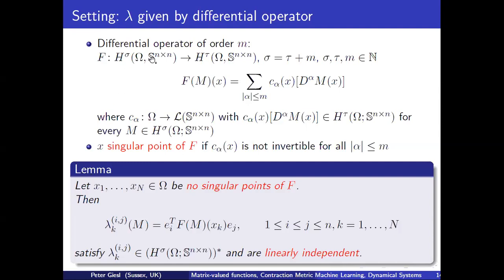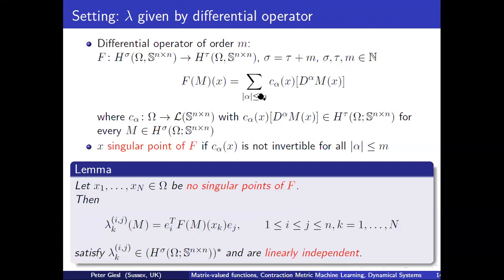So we are interested in a differential operator mapping matrix valued functions to matrix valued functions, but we start smoother, and it's a differential operator of order m. So this sigma here is tau plus m, so we lose an order m. And we're looking at differential operators of this form.